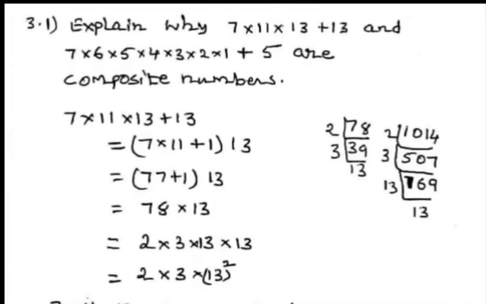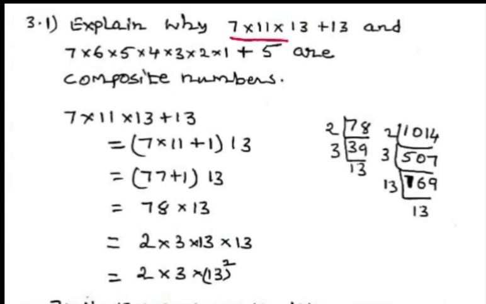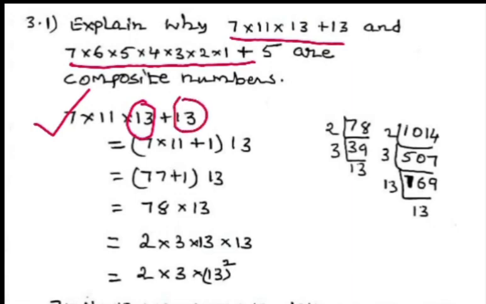Now we discuss another model. Explain why these two numbers are composite numbers. We note down the first given number. From these two, 13 is common, so we have written it like this. 13 is taken as a common factor.